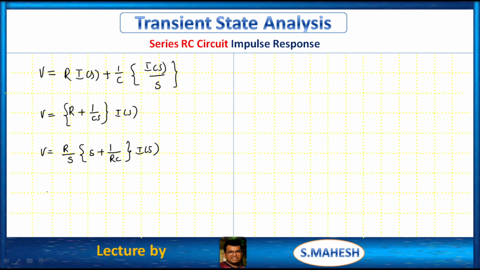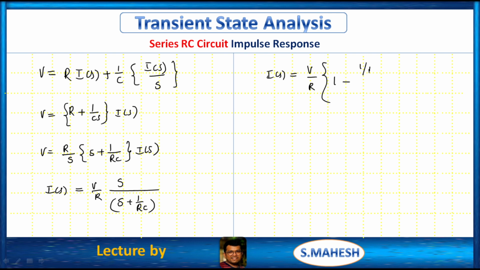Obviously. Therefore I of S equals V by R by S plus 1 by RC. From this, I of S equals V by R times 1 by S plus 1 by RC.